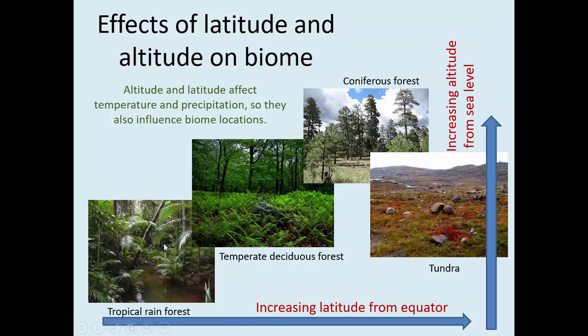So as you travel further from the equator, you go from tropical rainforest to temperate deciduous forest to coniferous forest, and then tundra is at the very furthest area from the equator, but it's not necessarily very high in elevation, and so it's kind of in the middle here. You can have tundra that's very close to sea level, all the way up to a few thousand feet above sea level.